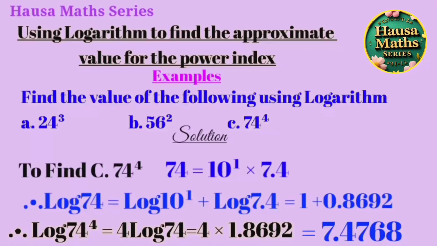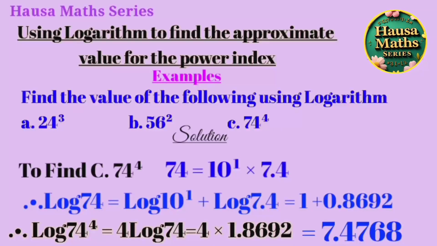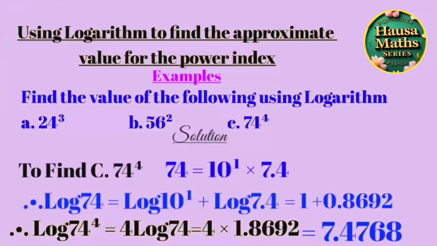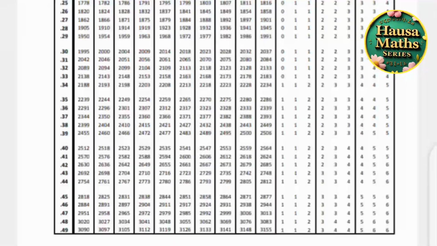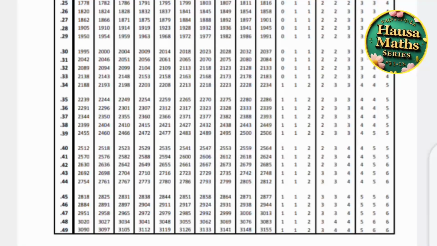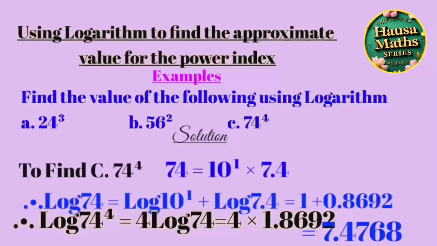To find the value of 74 raised to power 4, this 7 is the power of 10, but .47 we look at in the antilog table. .47 under 6 with difference 8: difference 8 is 5. So we have 2992 plus 5 is 2997.